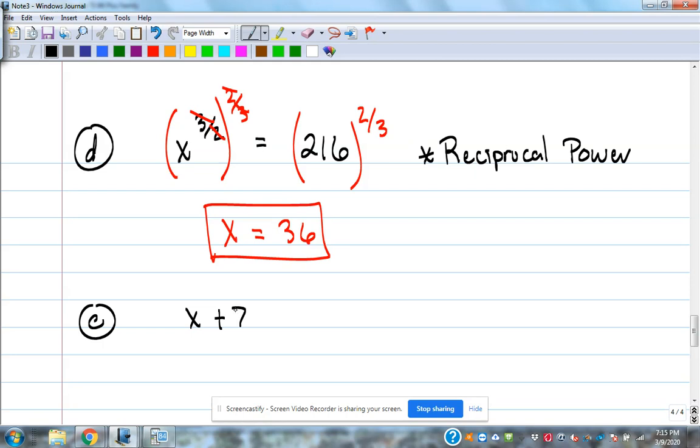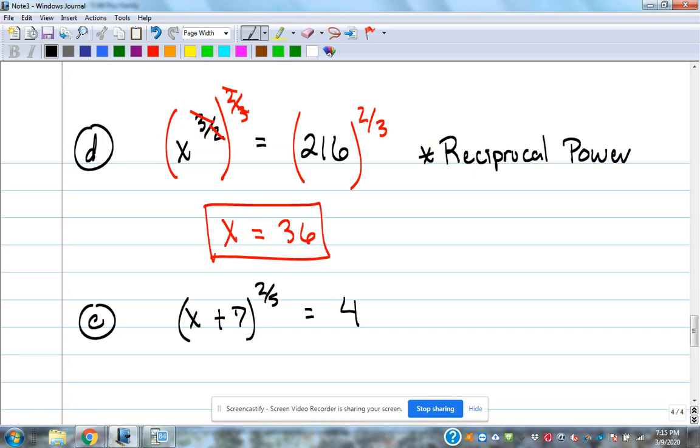x plus 7 to the 2/5 power is equal to 4. All right.